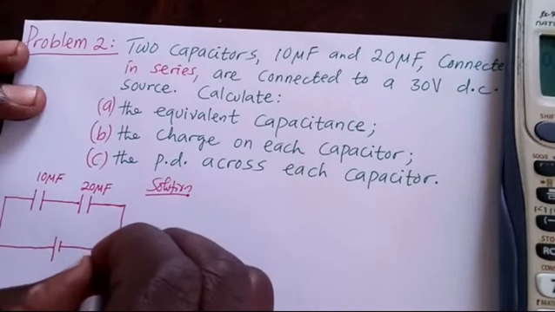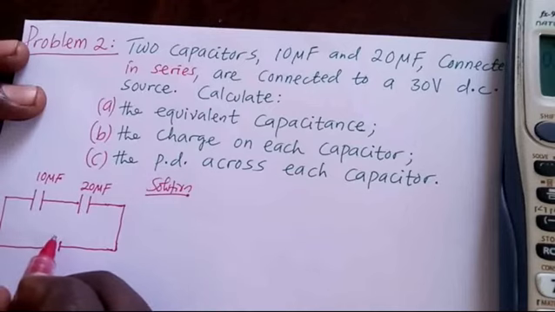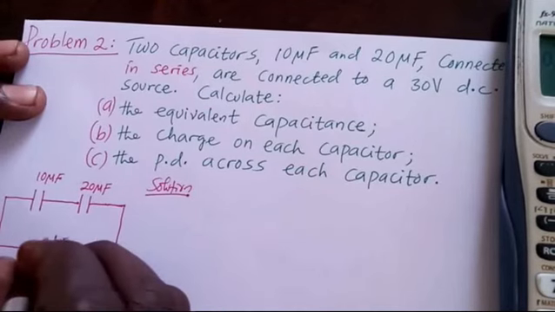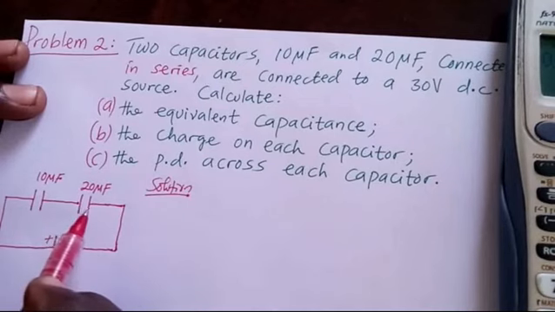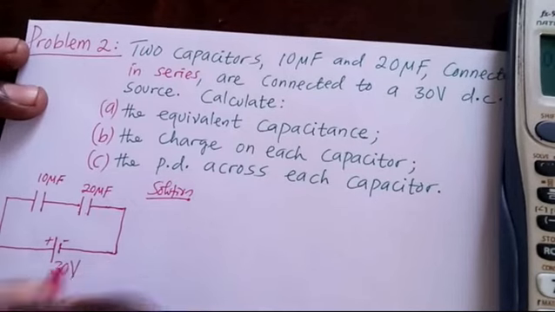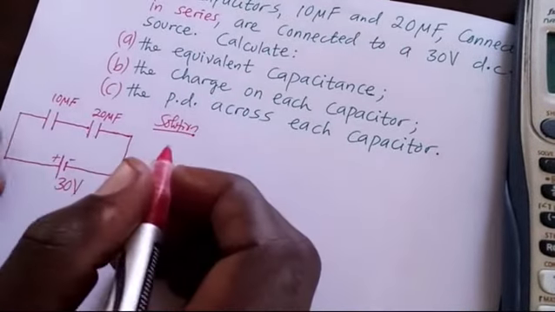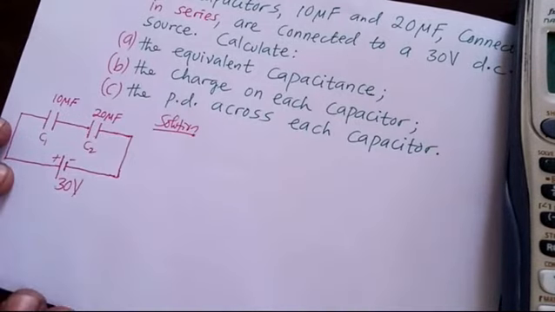If you look at this one, the long line is longer than the other: this is the negative terminal, this is the positive terminal, but for capacitors the lengths of the lines are equal. This has voltage 30 V, so you can call this one C1 and this one C2.